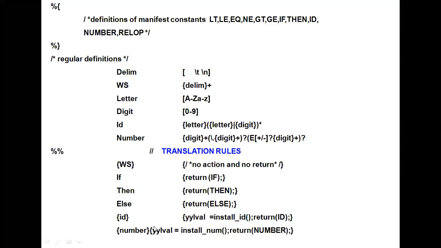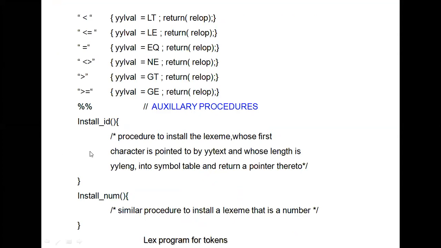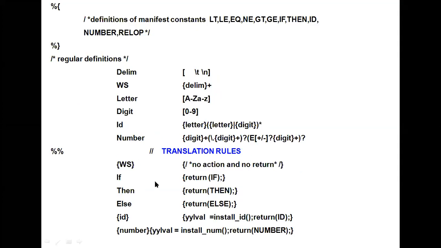And the third part is the procedure section. The program is divided into three sections: one is declarations, another is rules, and the third is procedures. With these three, we are writing the program in lex. That program can be called a lex program.